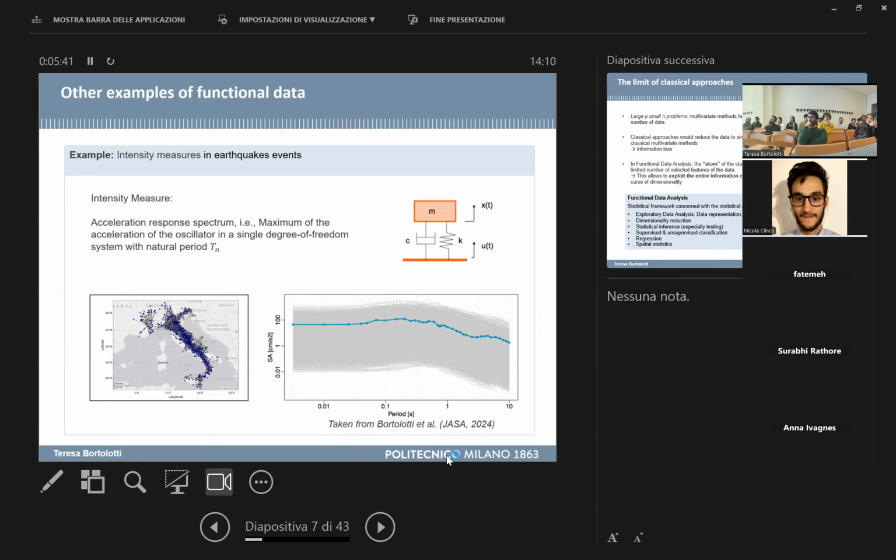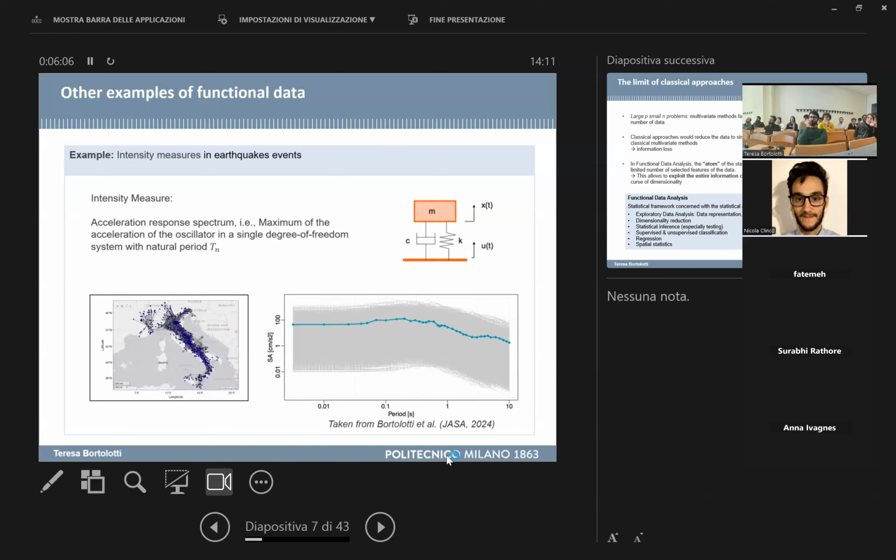Each of these oscillators records the maximum acceleration of the oscillator at the arrival of the seismic wave, so that eventually the seismic wave and its intensity is quantified by what is called the acceleration response spectra, which again records the maximum acceleration for different periods.